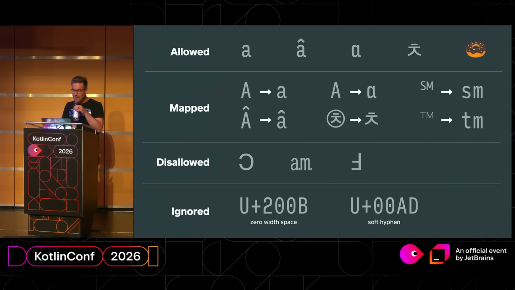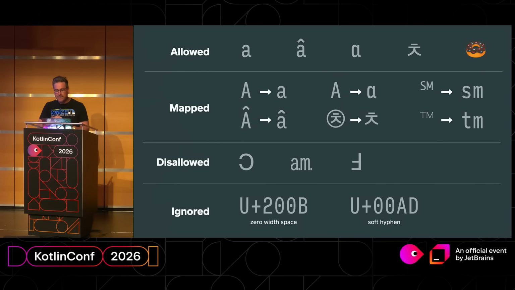Here's some examples of each. The donut emoji is allowed in a host name as far as the IDNA is concerned, whereas the uppercase A is mapped to the lowercase a. And so that means that if you type a website with all capital letters, it will load the corresponding website with lowercase letters.